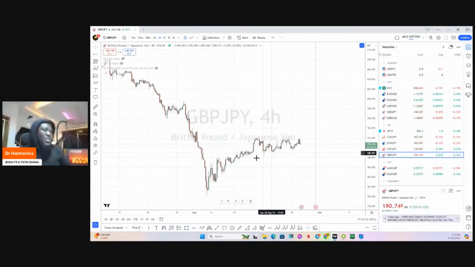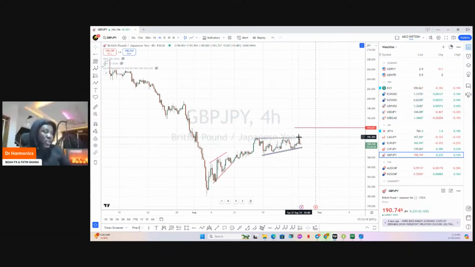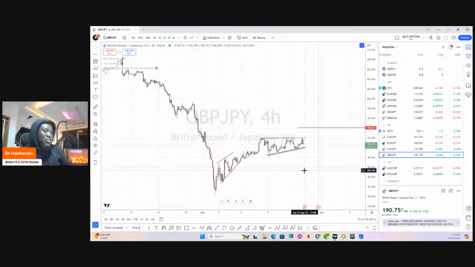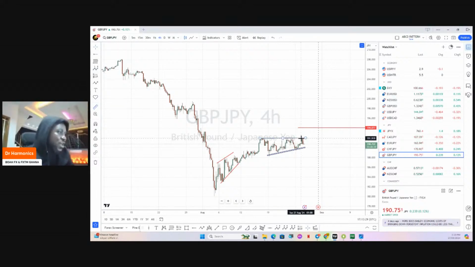Now, pound JPY is yet to break. It's still here. So you should be expecting it to break down to the same 500 and whatever pips. Okay, 500. So I want to place a trade here right now. 553 pips, 583 pips.